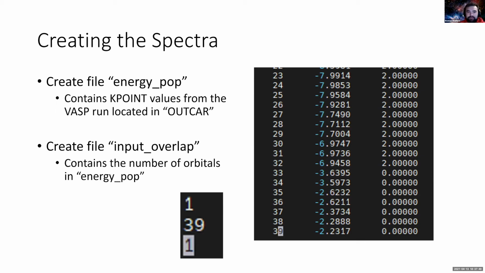This was just with one K-point grid, so it's only one. What you're going to want to do then is take those K-points and put them into their own separate file, and you can call that file energy pop. Then you're also going to want to take the number of different bands and create a file called input overlap, starting at 1 and going all the way up to however many orbitals there are.